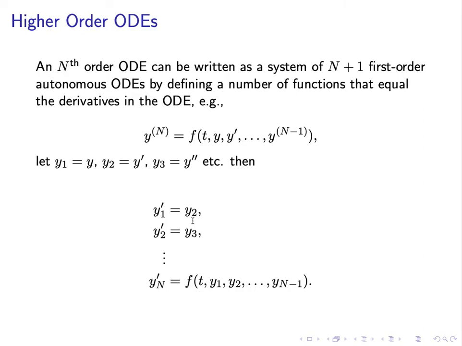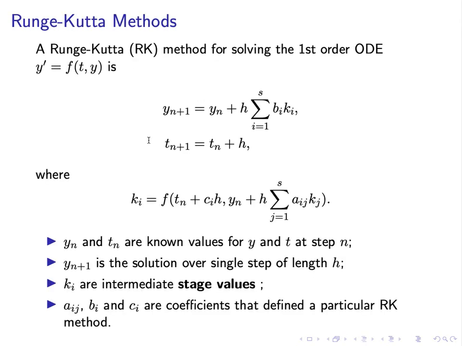On the right hand side we'll have n minus 1 cases of y2, y3, etc. And on the last equation we'll have our ODE function. So this is a system of n ordinary differential equations, and furthermore these are first order ordinary differential equations. So it means that our numerical methods can be applied to solve these, and the solution is then equivalent to the solution of the higher order ODE.